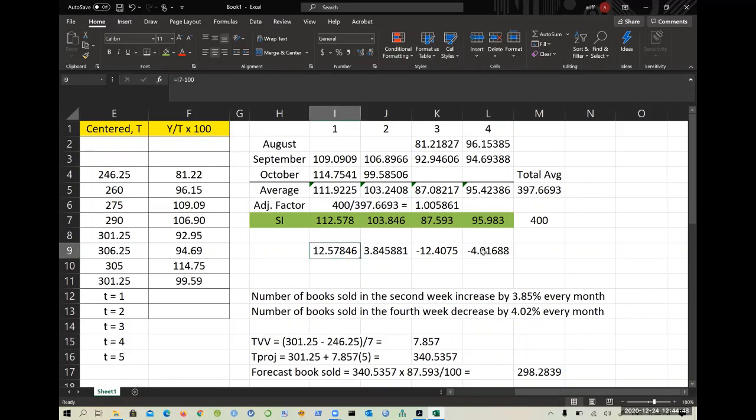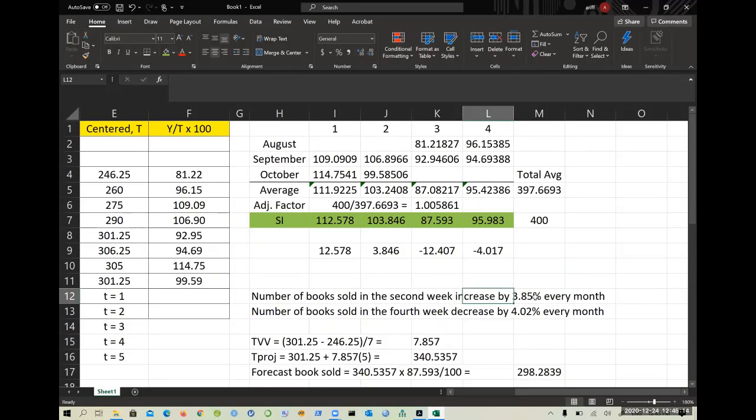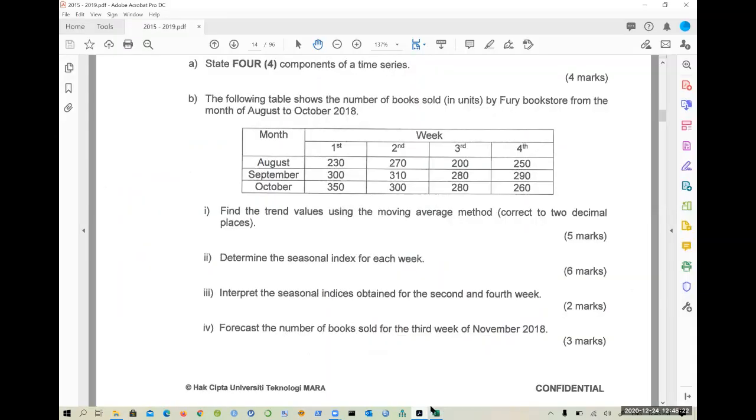So this one is also 3 decimal places. Okay, so this is the amount of books sold. So you look back at the data here, it is in units. So that means the forecasted number of books sold in the third week is approximately 298 books. So this is in units, right?